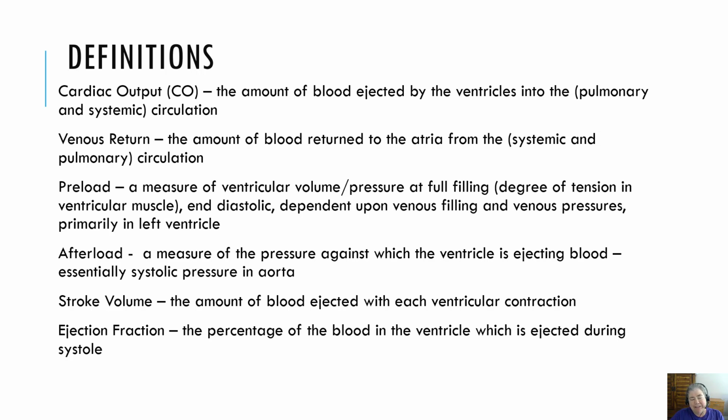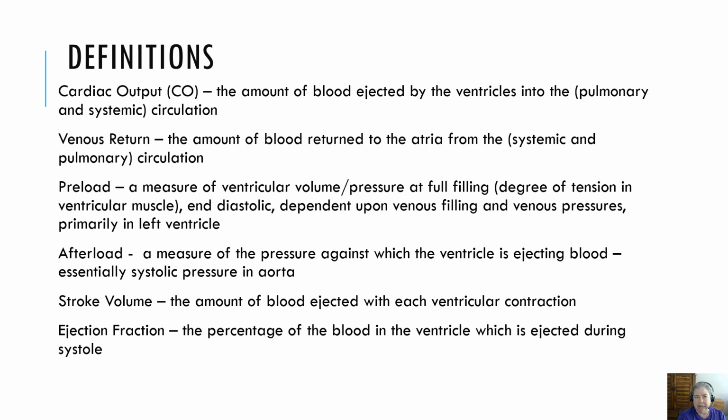We'll come back to that circuit and we'll do it a few times, but I want to talk a little bit about definitions. These are terms that you have to understand in order to understand cardiac physiology and cardiology. So the first of these terms is a concept called cardiac output.